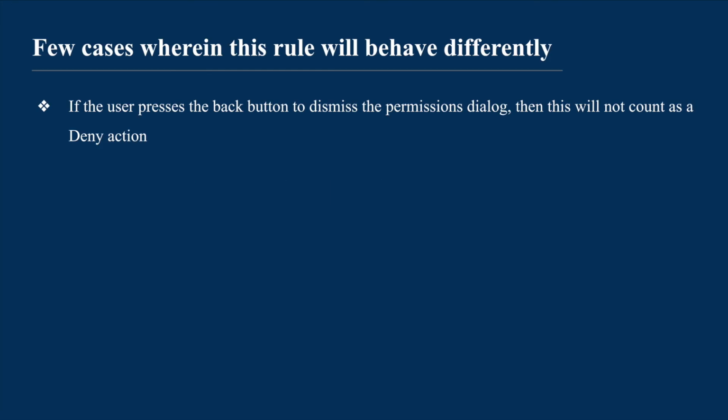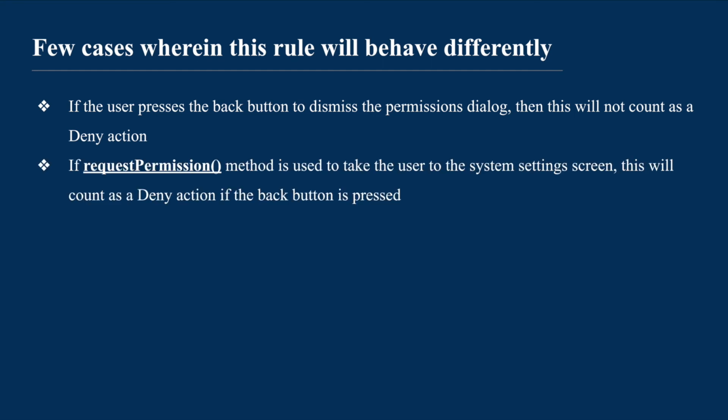There are a few exceptions to this permission dialog visibility. The first one is if the user presses the back button to dismiss the permission dialog, then this will not count as a deny action. If the request permission method is used to take the user to the system settings screen, wherein if the user presses the back button, then that will be counted as a denial action.